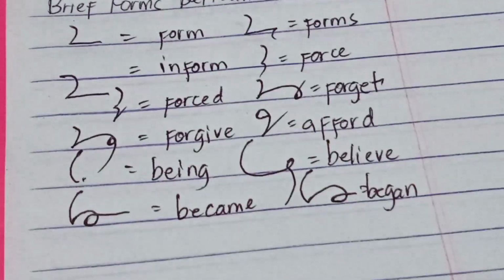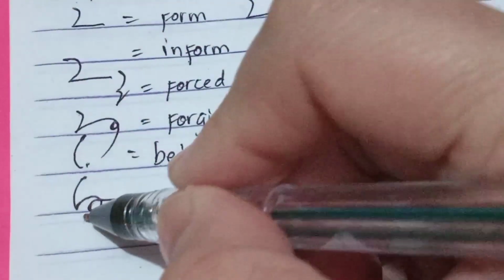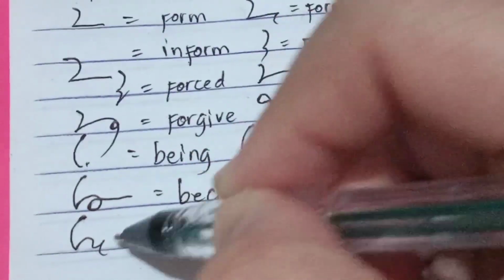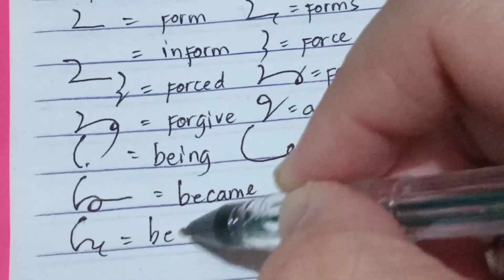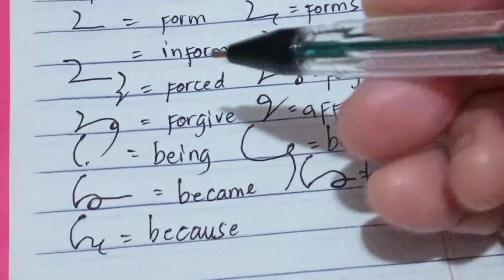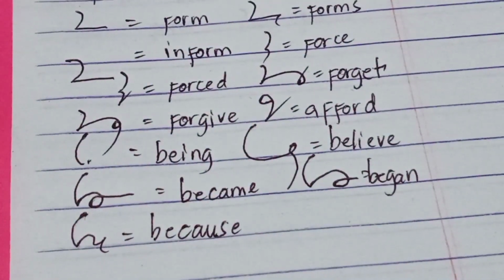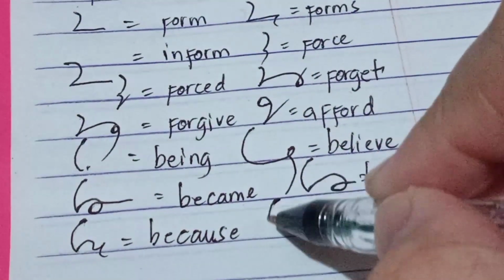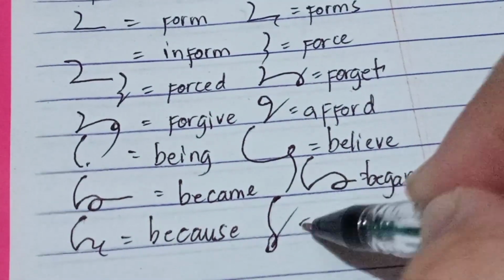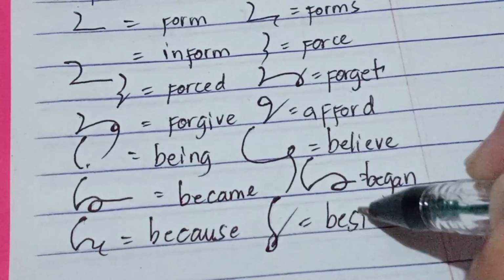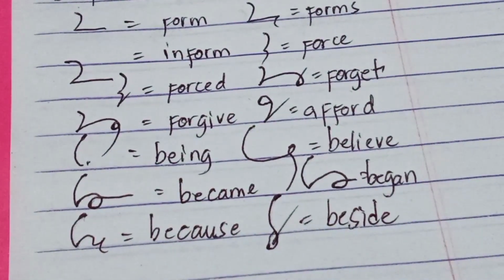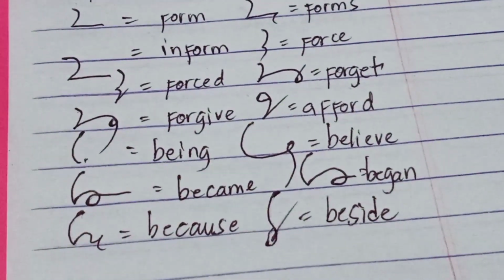Okay? If I write B-K-O-S, so this is because. B-K, then O, then S, because. If I write B-S-I-D, so this is beside. Okay?